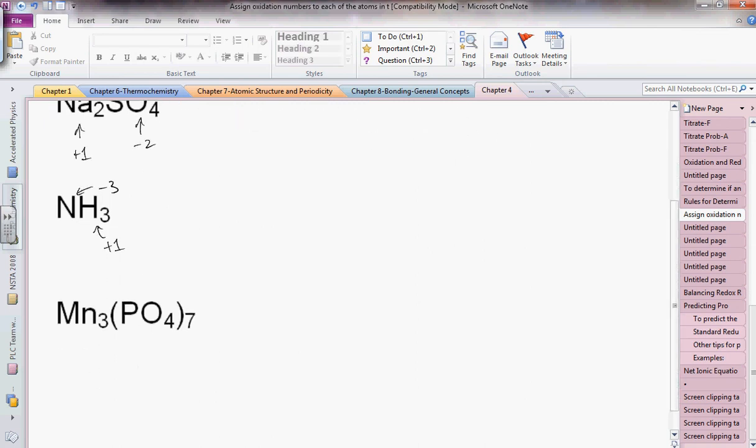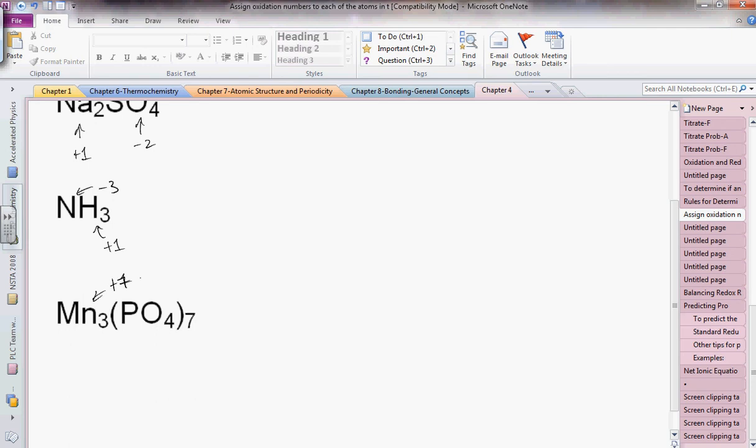And then for manganese phosphate, the 7 is a tip off here, because remember our crisscross rule, that this 7 would be the charge of the manganese ion. So we can say just from that, the oxidation state of the manganese is +7.